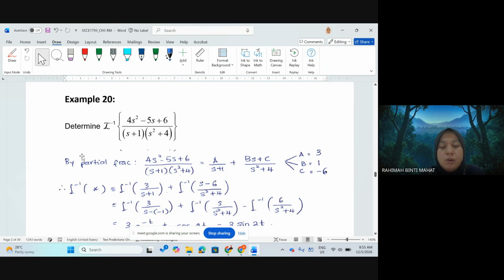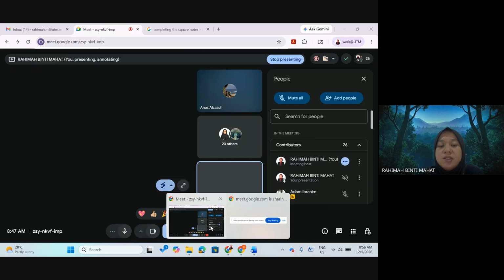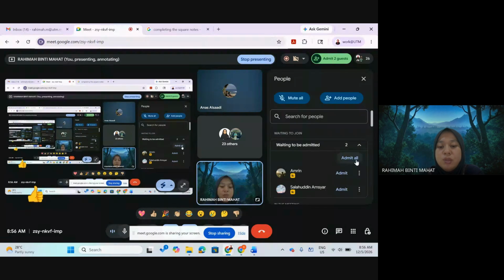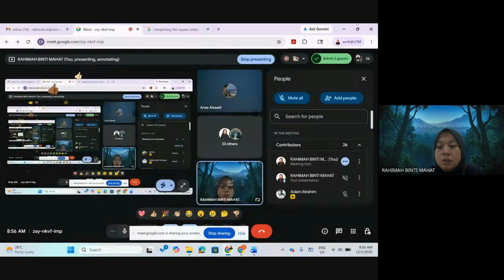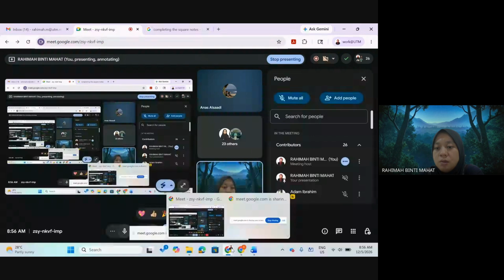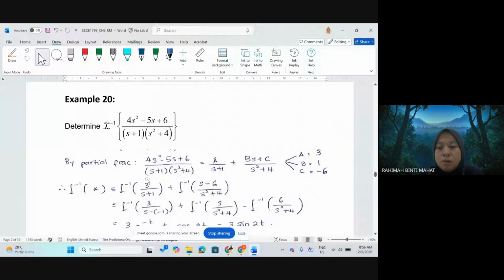Okay, so by using the partial fraction here, for this question the denominator is already factorized. So you can just separate the function, and separately do the partial fraction.